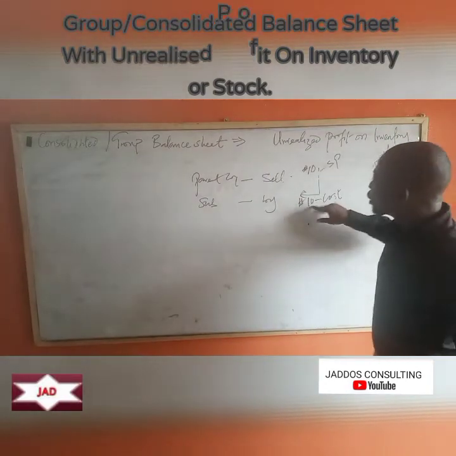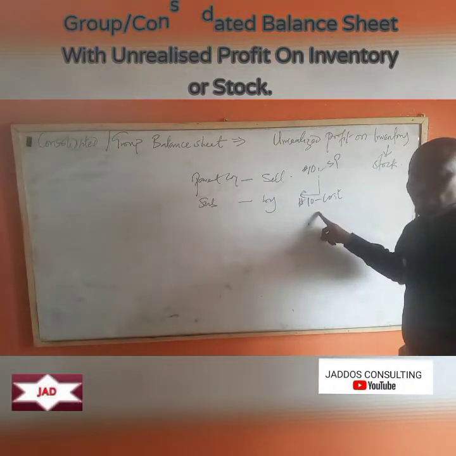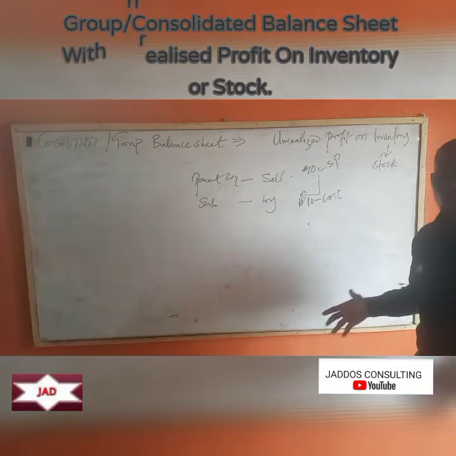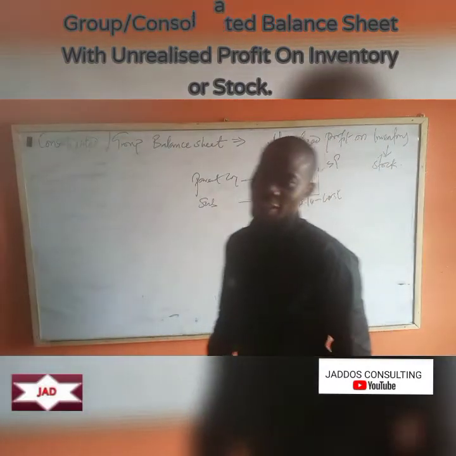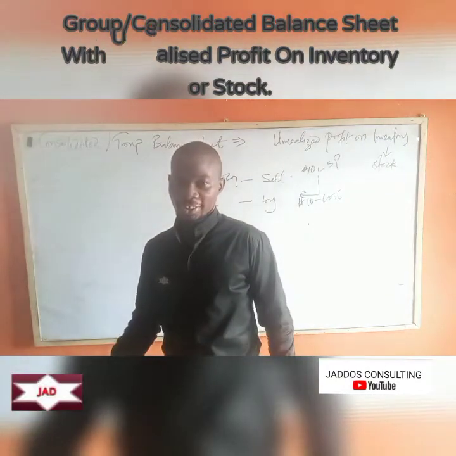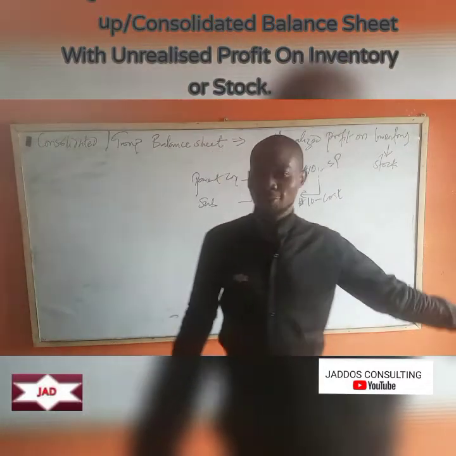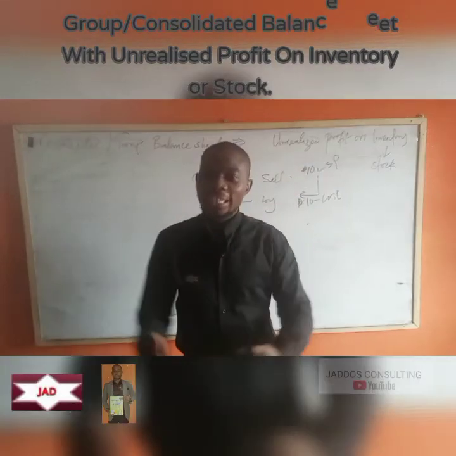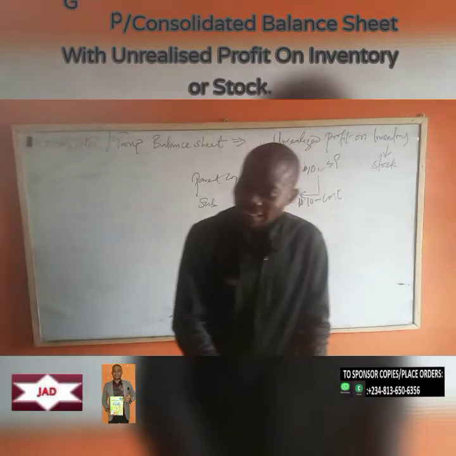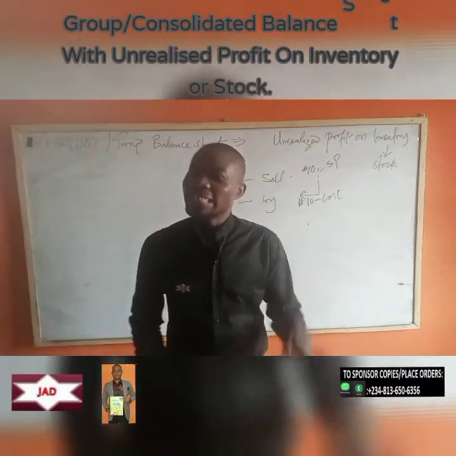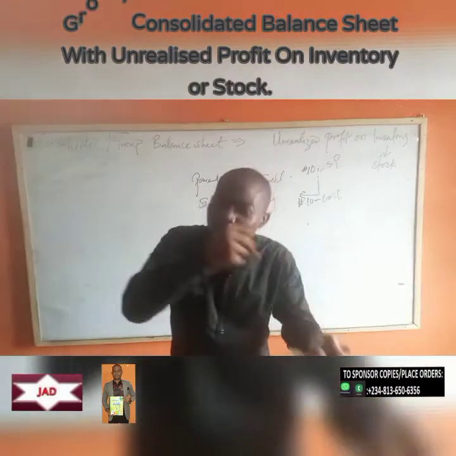We have to eliminate the profit item from this 10 naira, because now it is no longer the subsidiary's account but the parent company's account. And don't forget that the inventory was sold at cost plus a profit by the parent company to the subsidiary. So now that we're bringing the accounts together, if there's any product that the parent company sold to the subsidiary that is still remaining in stock at the time we are consolidating, that product the subsidiary bought from the holding company, we must eliminate the profit element.